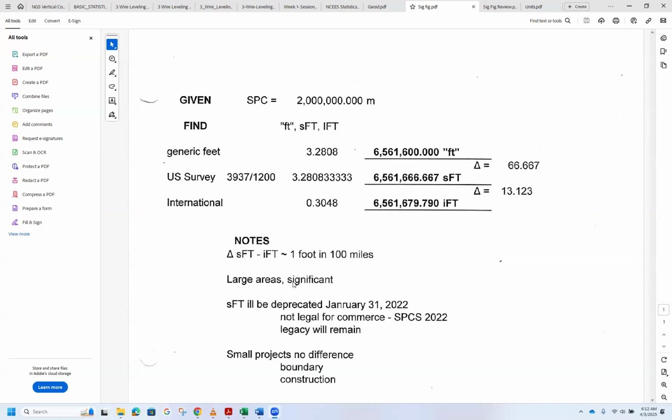Now, in 1959, we get a new standard, and that becomes this one right here that we're looking at on units. Let me see here.